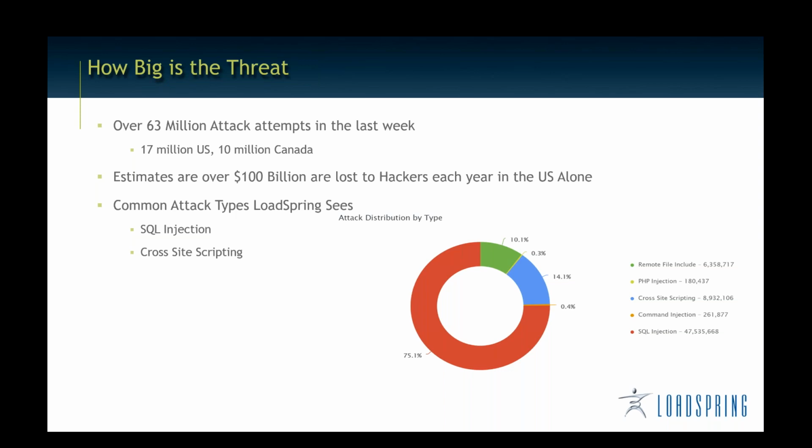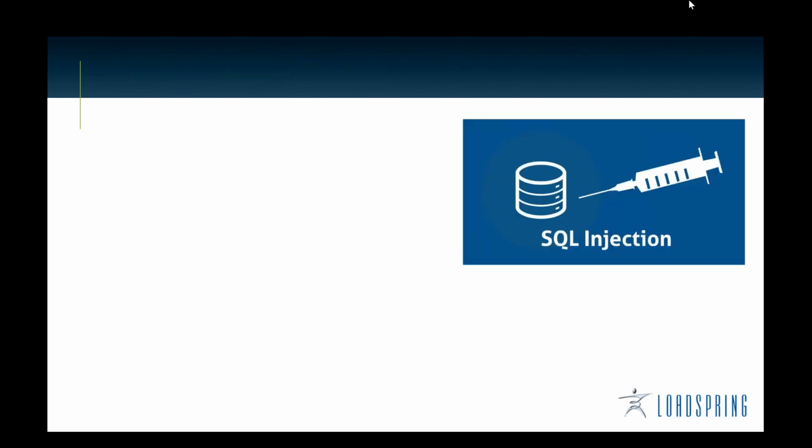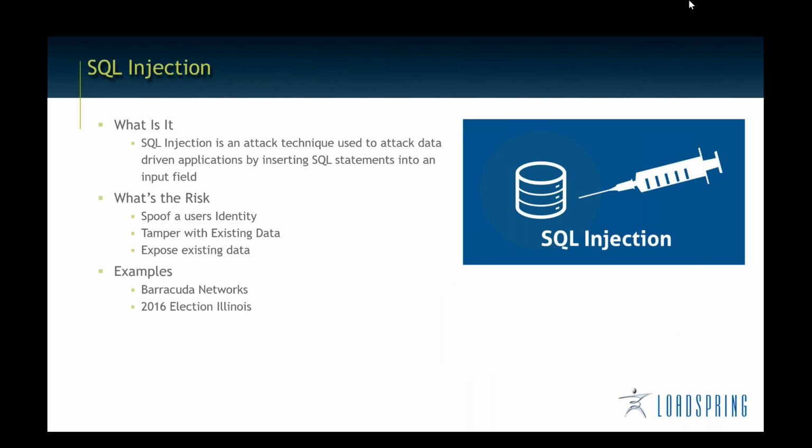And it depends on what industry you're in for what types of attacks are commonly sent against you. The common attacks that we see out of these top 5 are SQL injection and cross-site scripting. So I'm going to go into the first one here, SQL injection.